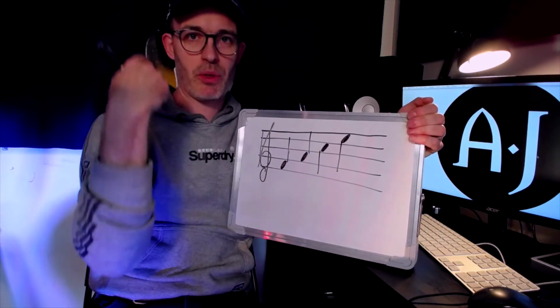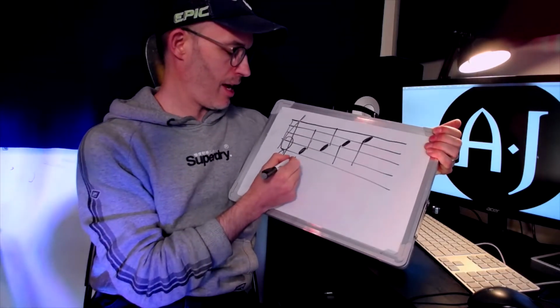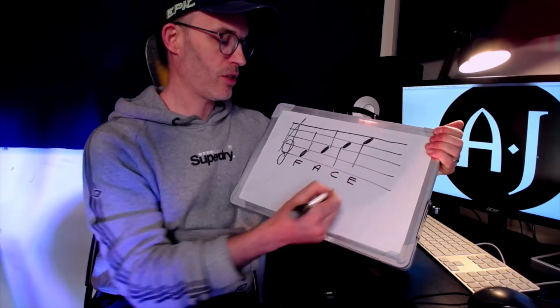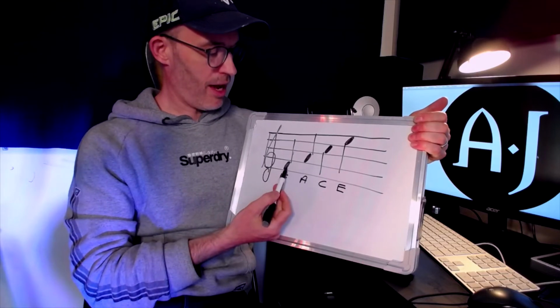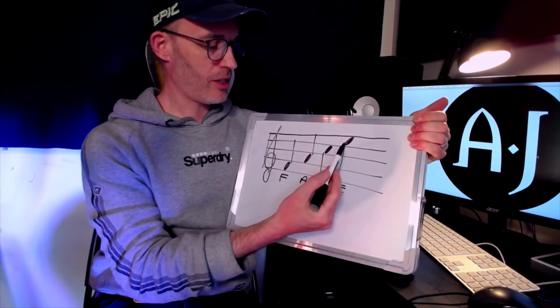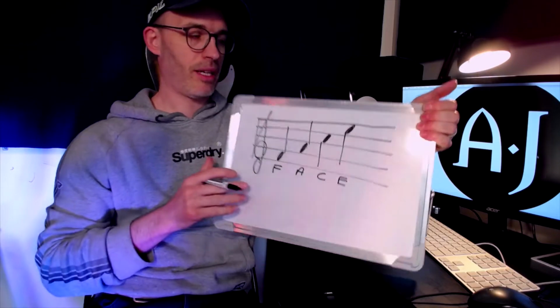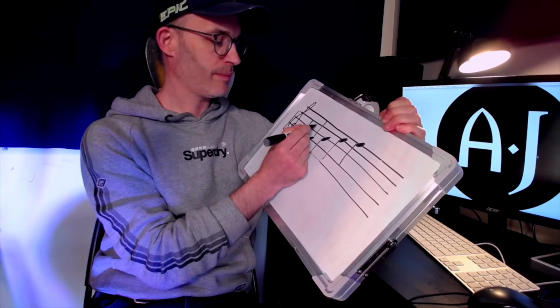What's this part of my body called? My face. Okay, so it's F, A, C, E. So just remember the word face. So this is an F, this is an A, this is a C, this is an E. F, A, C, E.